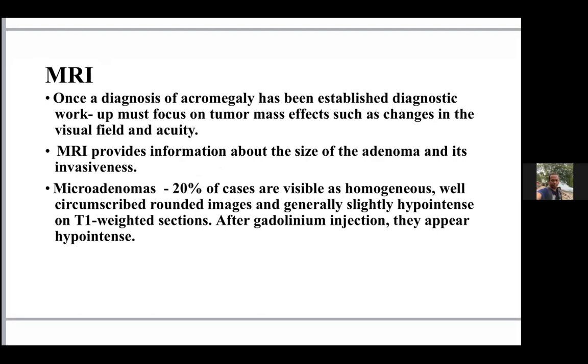Microadenomas, 20% of cases, are visible as homogeneous, well circumscribed, rounded images, and generally slightly hypointense on T1 weighted sections. After gadolinium injection, that is after giving a contrast, they still appear hypointense.